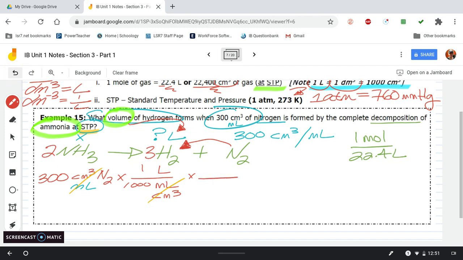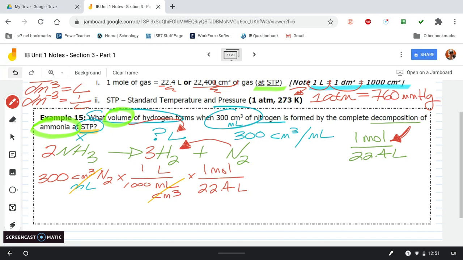And you do that by putting 1 mole on top and 22.4 liters on the bottom. And so we are using this right here as our conversion factor. It's not hard. You don't have to add anything up, but it is something that you do want to recognize how to get that.